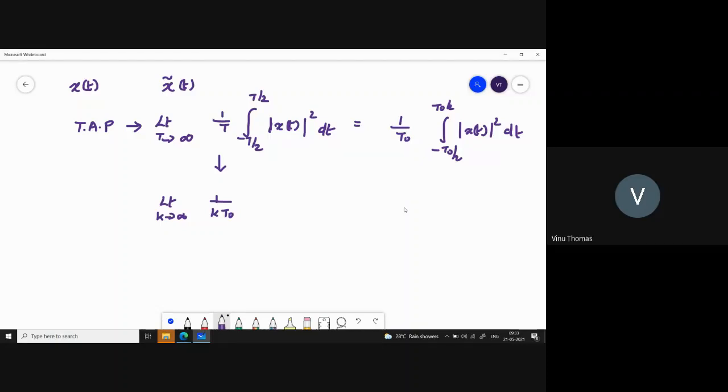Essentially what you have here will be limit k tending to infinity 1 by k T0 into k times the area under one period, that is, minus T0 by 2 to plus T0 by 2 modulus of x of t the whole square dt.